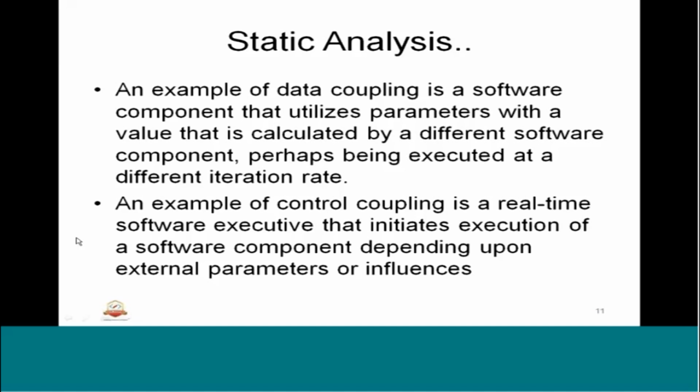The other one is an example of control coupling: a real-time software executive that initiates execution of a software component depending upon external parameters or influence. That means in real-time embedded systems, we know that external parameters could be a signal or time information or any events, etc. All this will influence the program flow.